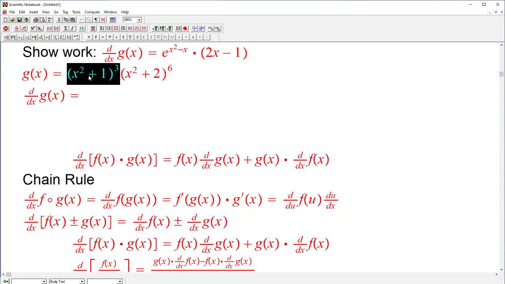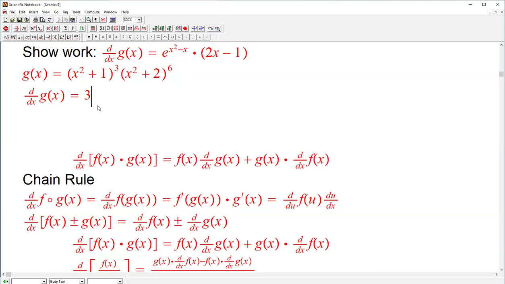We view this as one function and this other one as the other function. So two functions. We differentiate one and keep the other, and differentiate the other and keep the first one. So this function we're going to differentiate first. That's going to be 3 times.